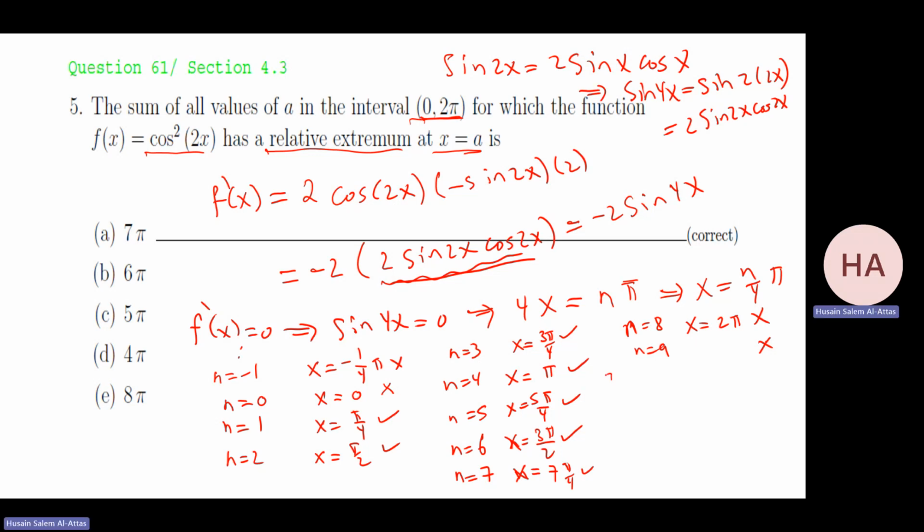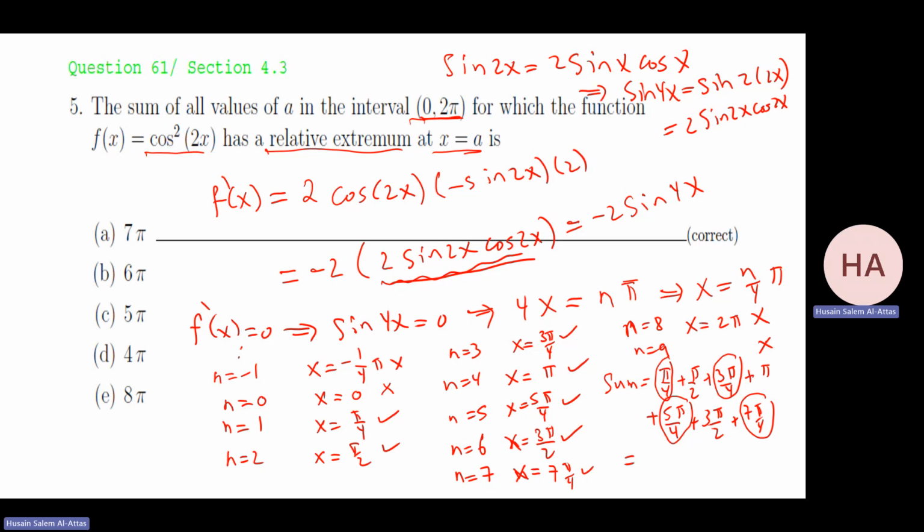So the sum will be equal pi over 4 plus pi over 2 plus 3 pi over 4 plus pi over 4 plus 3 pi over 2 plus 7 pi over 4. Over 4 I have what? 1, 3, 5, 1, 3, 5, 7.